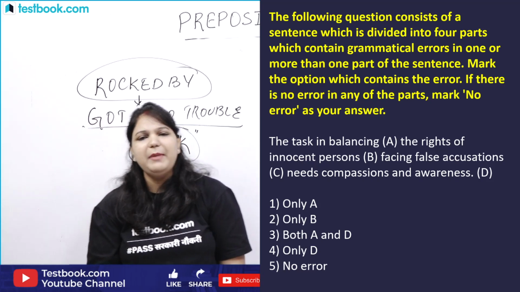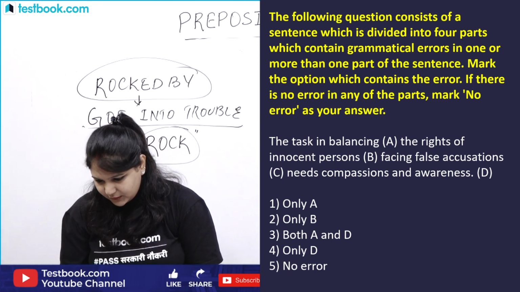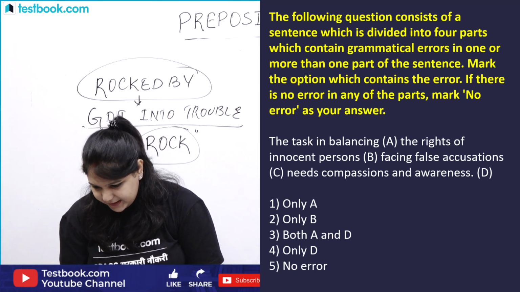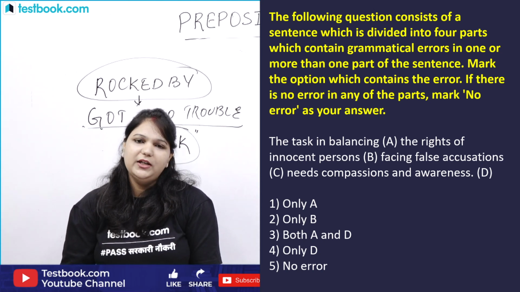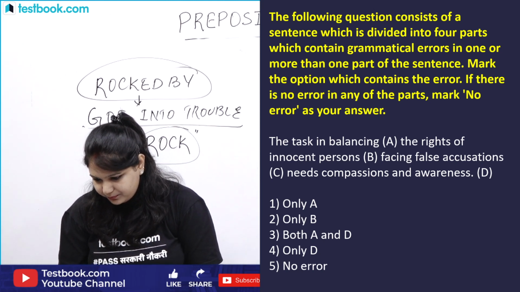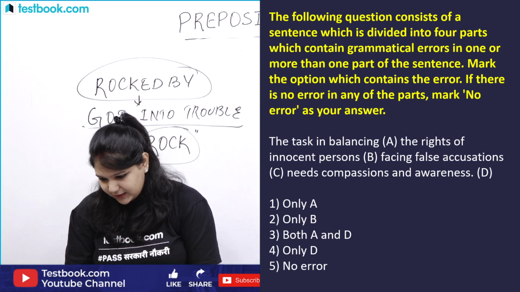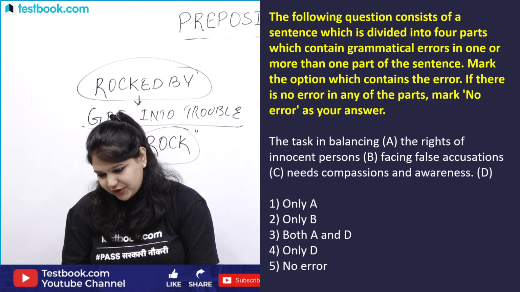The task in balancing. Okay, Avinash says B and D. With B and D, we don't have any option, Avinash. Okay, compassion. Great, Bikram has said it should be compassion.